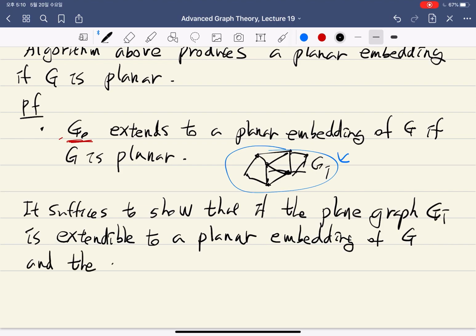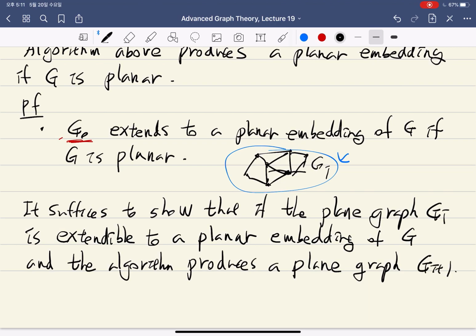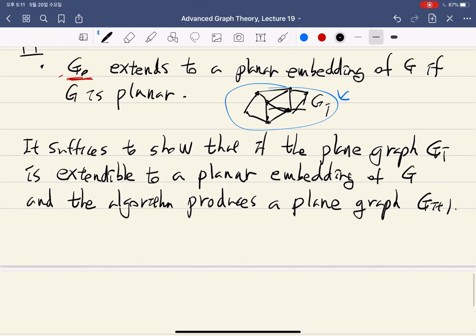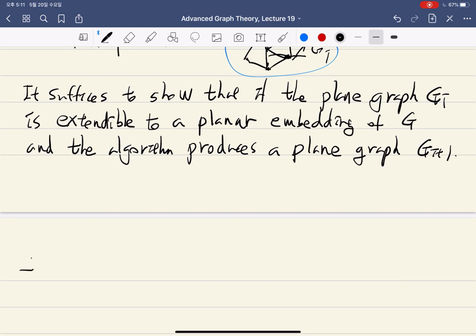And the algorithm produces a plane graph GI plus 1 from GI.